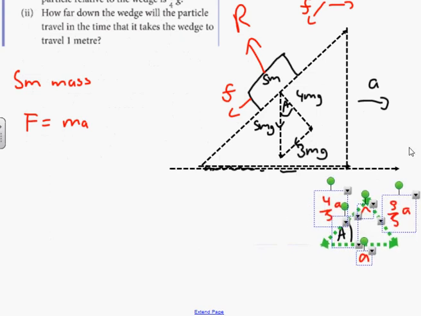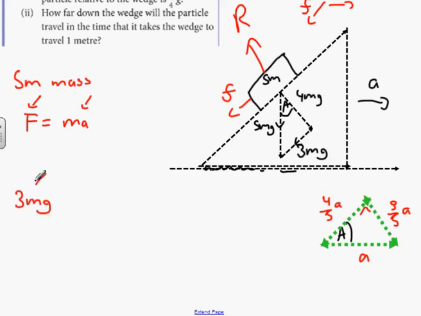Done that well. Now, let's specify where we're going. We're going diagonally left down. What forces the 5m down the slope? 3mg. Forces it diagonally left down. Anything else? No. MA, anybody? 5m for the mass. What about its acceleration?